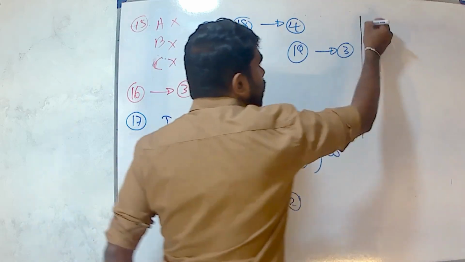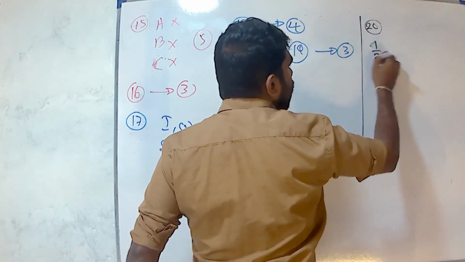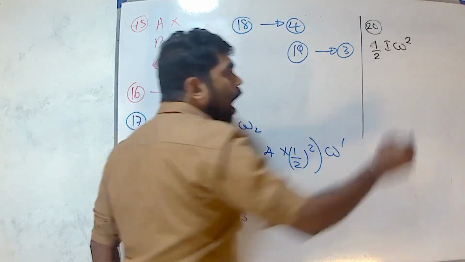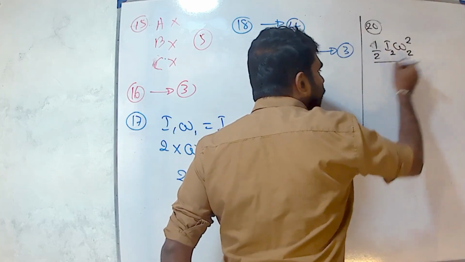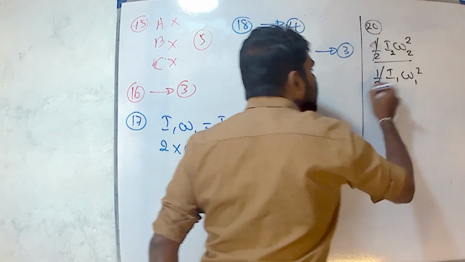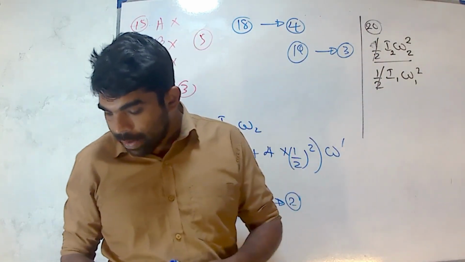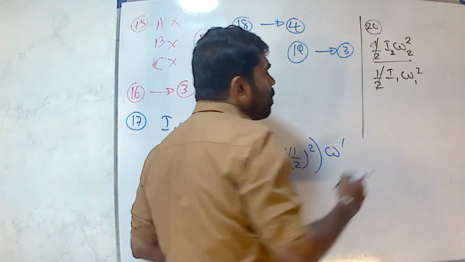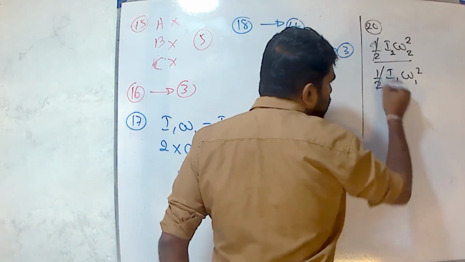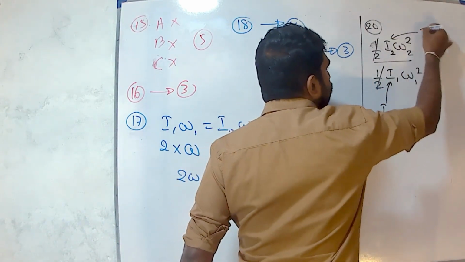We know that the kinetic energy of the star is half I omega squared. We have to get the ratio between half I2 omega 2 squared and half I1 omega 1 squared. We can cancel out half. The moment of inertia is 1/3 of the initial value. It means if the moment of inertia for the first situation is I, for the final situation it is I over 3.